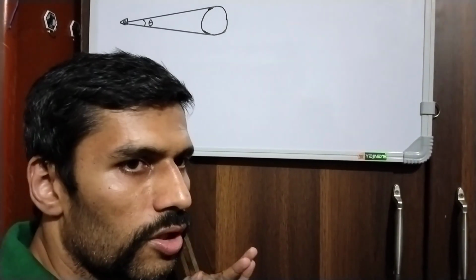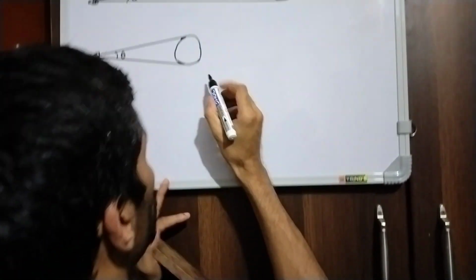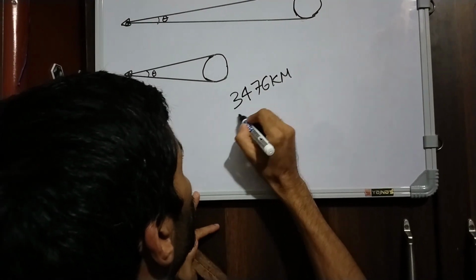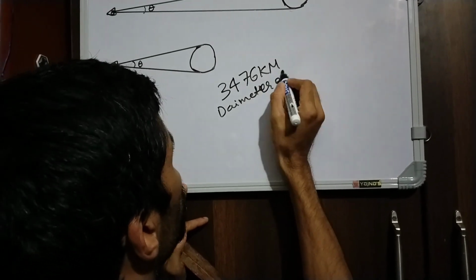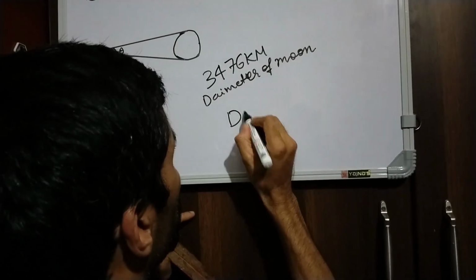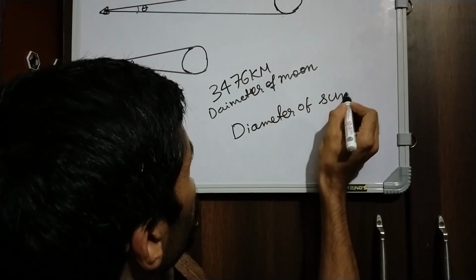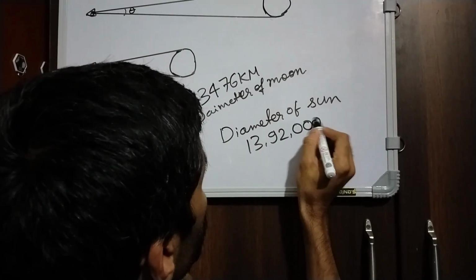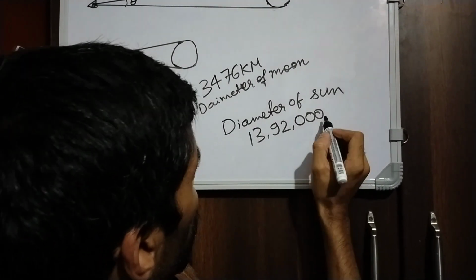The diameter of the sun is about 400 times the diameter of the moon. The diameter of the moon is a mere 3476 kilometers, whereas the diameter of the sun is 1,039,200 kilometers.